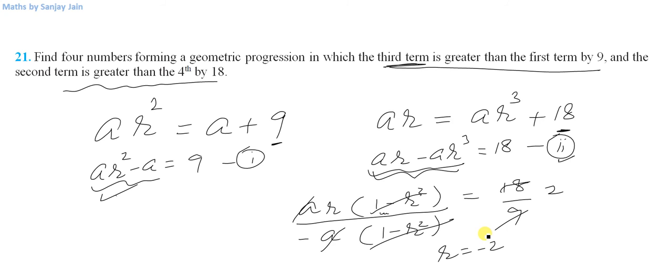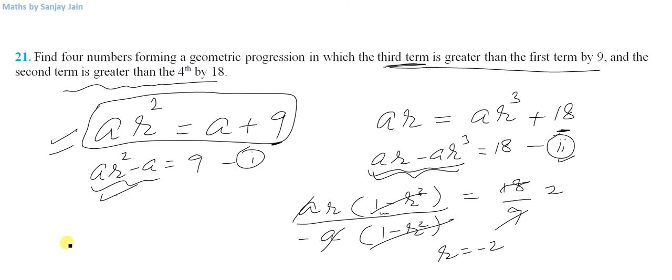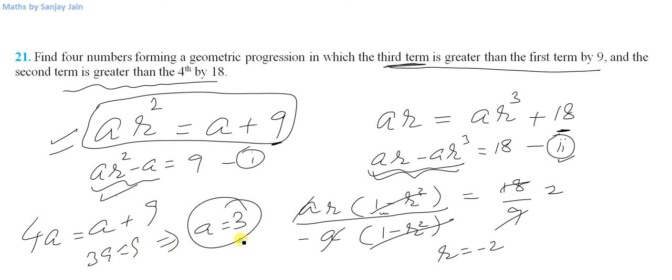And if R is minus 2, then what will be A? I can substitute it here. I am substituting R equal to minus 2 here, so I'll have 4A equals A plus 9. So 3A equals 9, hence A is equal to 3.